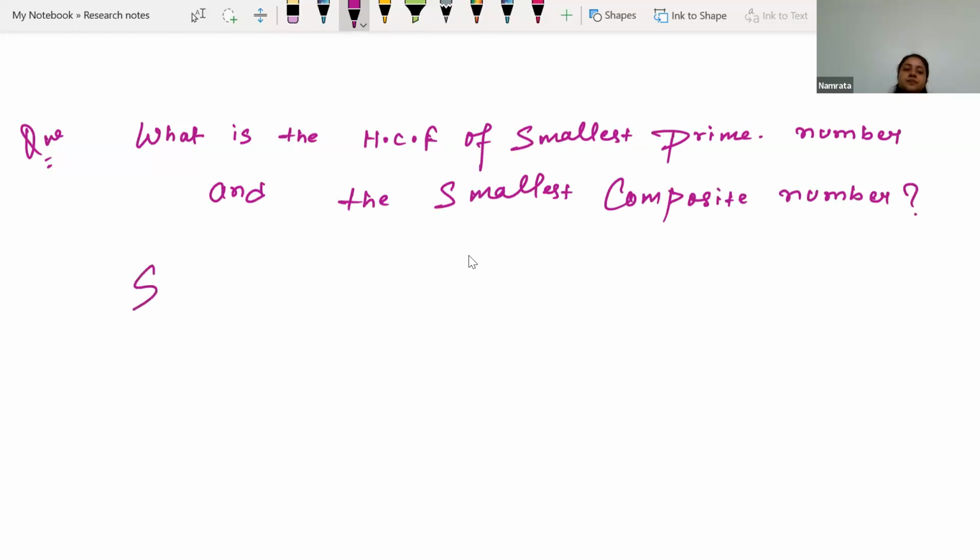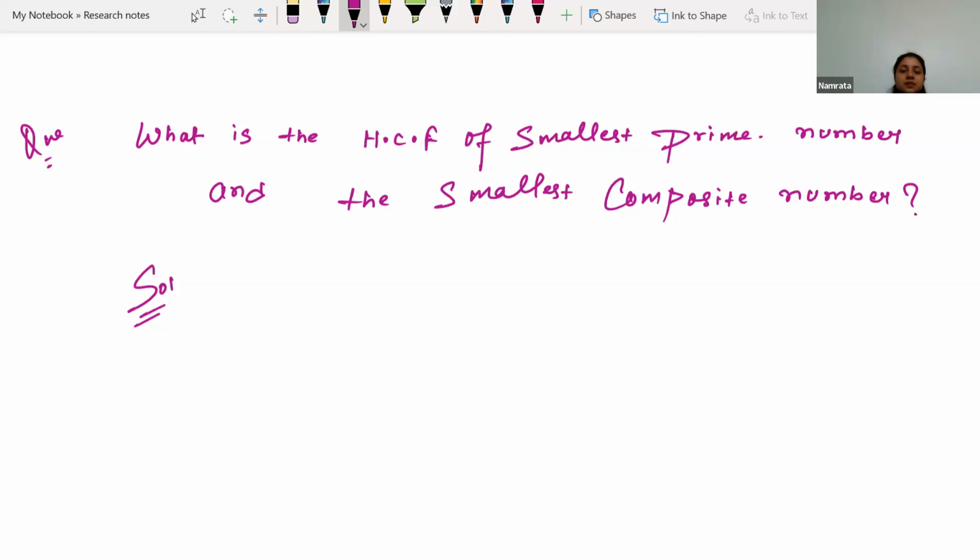Anyone? What is the smallest prime number? 2. Yeah. The smallest prime number is 2. And the smallest composite number is?